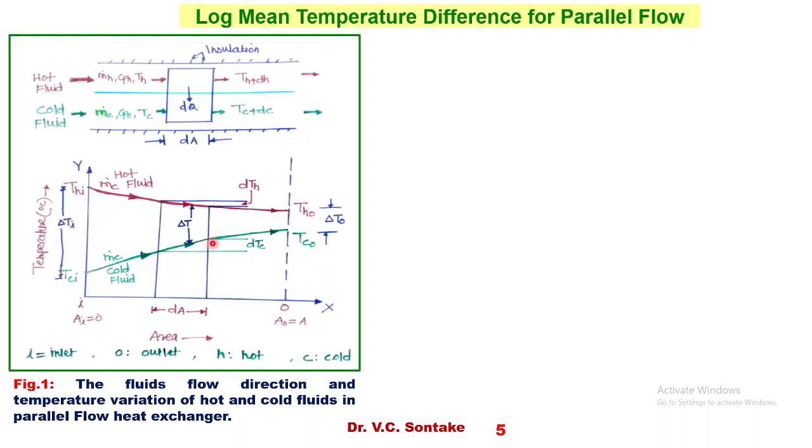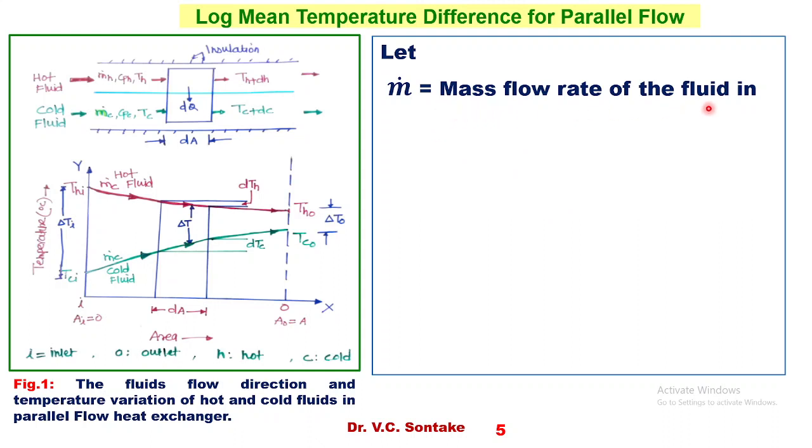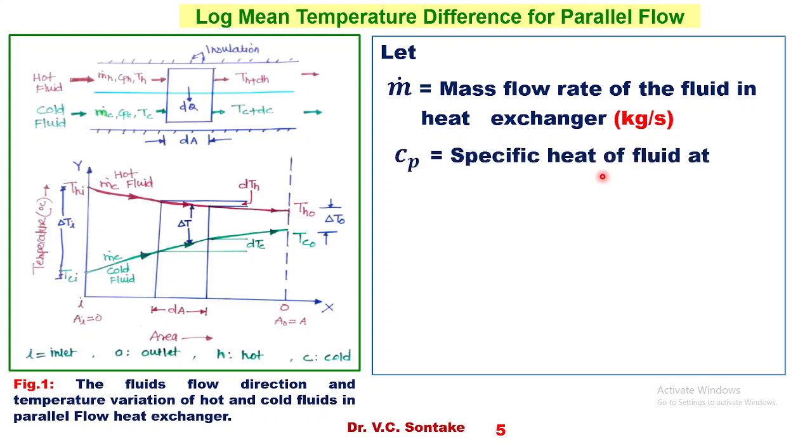In this representation, I represents inlet, O represents outlet, suffix h represents hot fluid, and suffix c represents cold fluid. So m dot is the mass flow rate of the fluid in the heat exchanger in kg per second. Small cp represents specific heat of the fluid at constant pressure in joule per kg Kelvin.